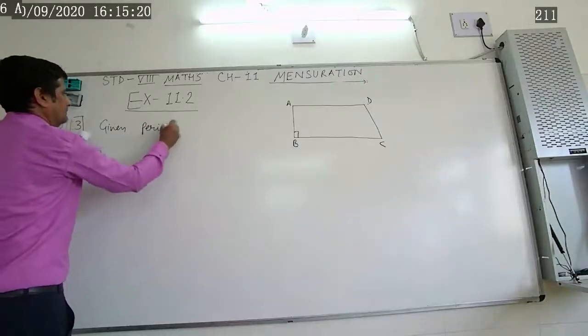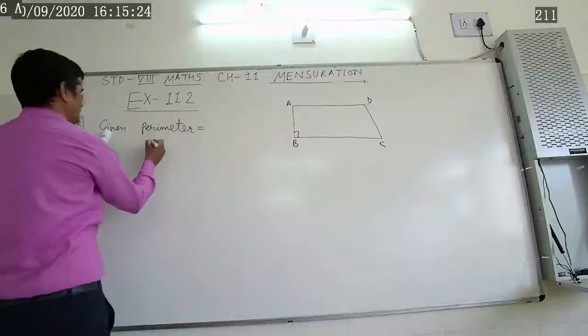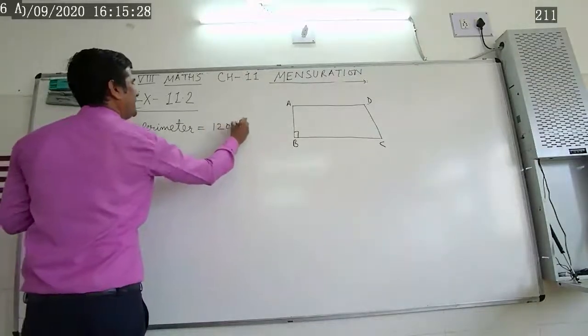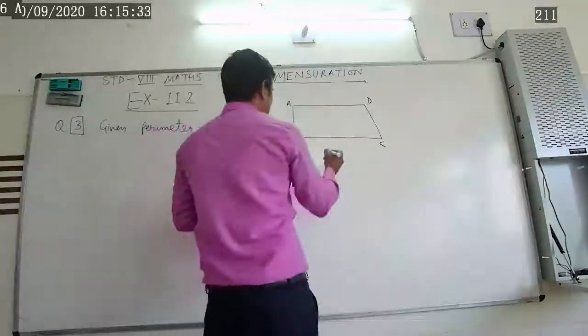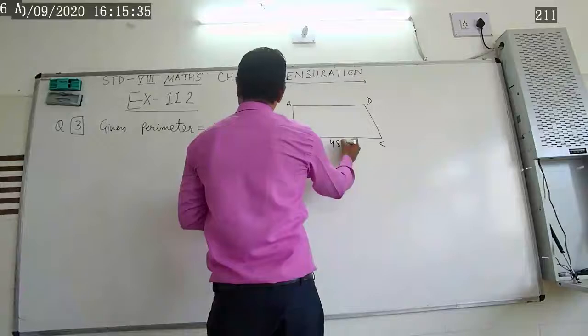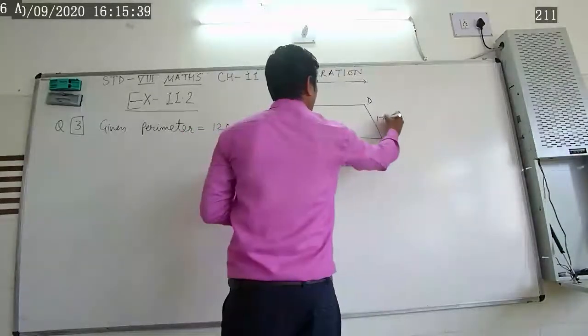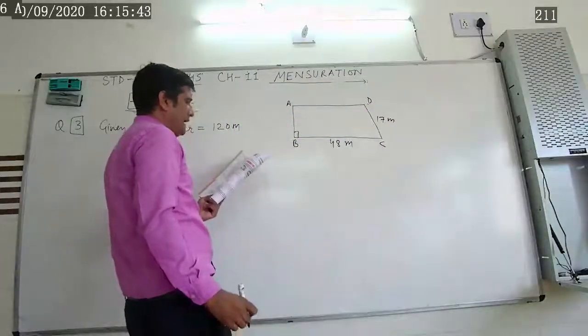Perimeter, means total length, is equal to 120 meters. And in the book BC 48, CD 17, I am writing all the dimensions. AD 40.